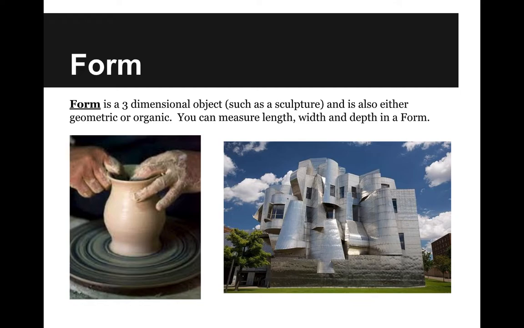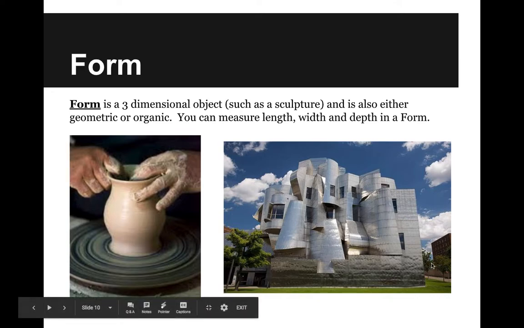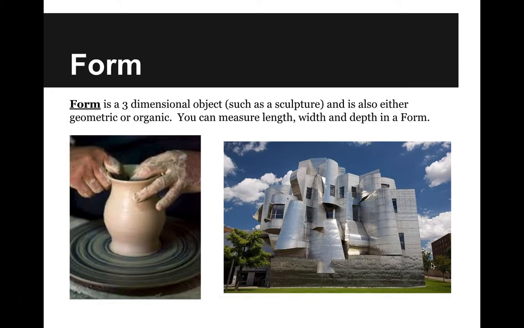So we're talking about things like sculptures and things that are like architecture, like we see here in the picture. And this is the Weisman Art Museum in Minneapolis. It's a cool building if you've never been there. And they are also geometric or organic. So you have things like geometric form, like a cube would be a geometric form, because a square, when it's 3D, is a cube.